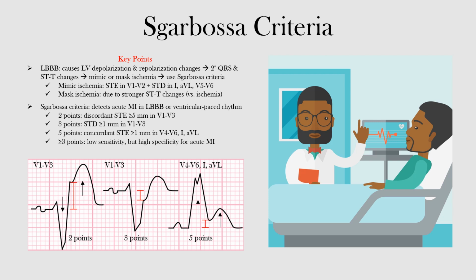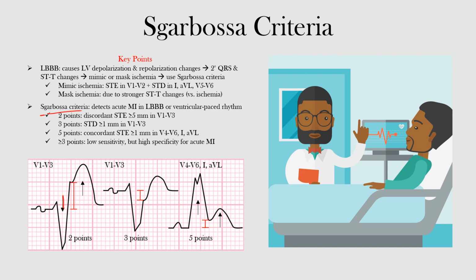So 2 points are given if the ST elevation is 5 millimeters or greater with discordant QRS complexes in leads V1, V2, and/or V3. So here we are with this criteria, and we're saying this first one gets 2 points if we have discordant ST elevation. Remember, discordant is when the main QRS complex is going in the opposite direction of the ST and T wave.